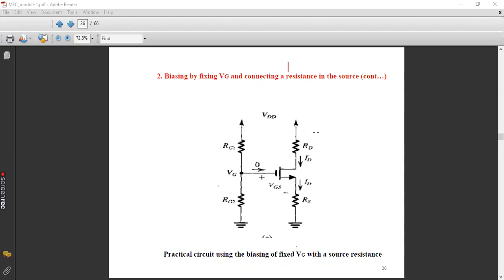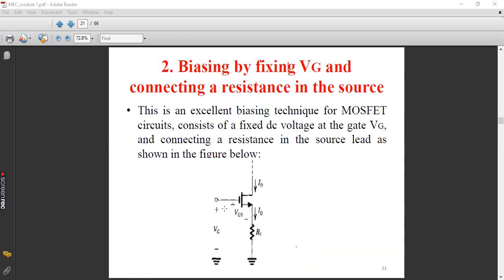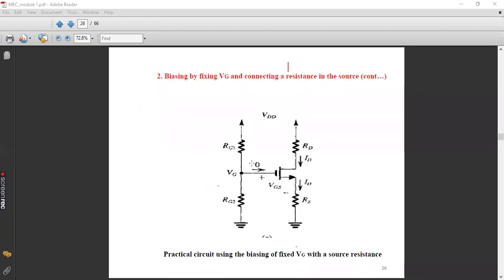In the first circuit, whatever I have shown, I have used a constant VG. I mentioned that you will be applying a constant VG. But when you are realizing this in a practical way, you will use a single power supply VDD, and from this VDD, you will use a voltage divider network comprising RG1 and RG2, and with that, we will fix VG to whatever you want.